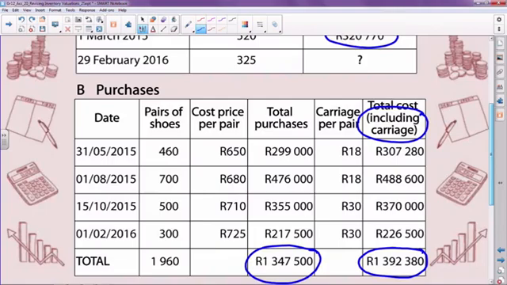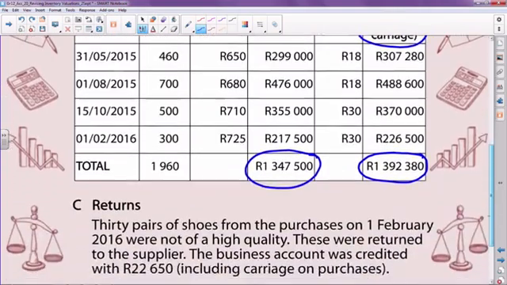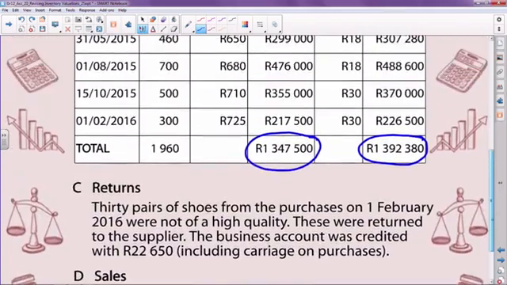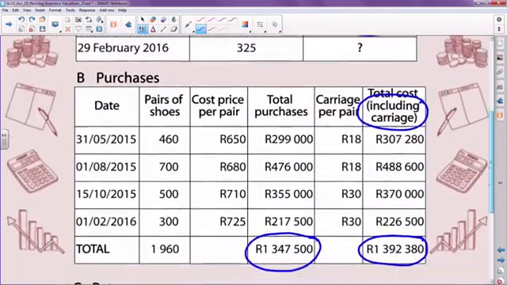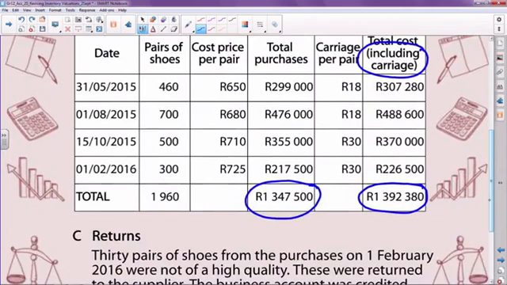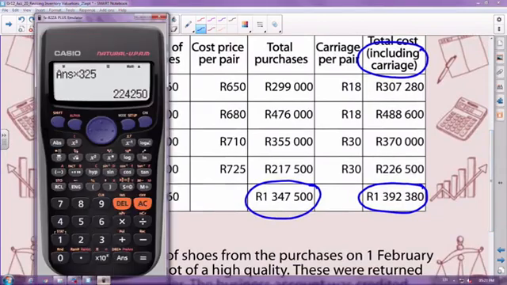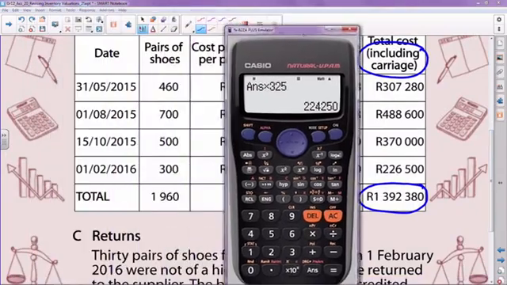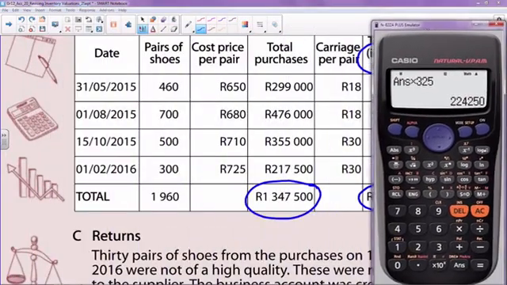So what we're going to do here is work it out. 460 pairs times 18 Rand per pair gave you a figure of 8,280.